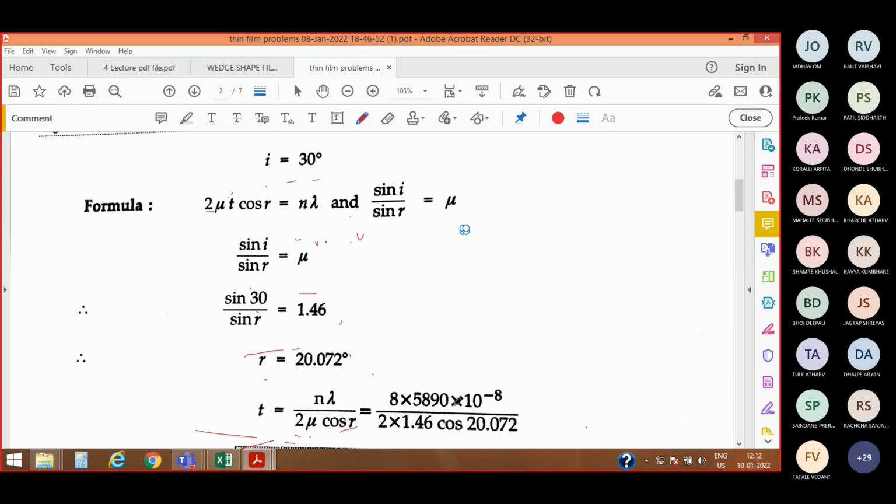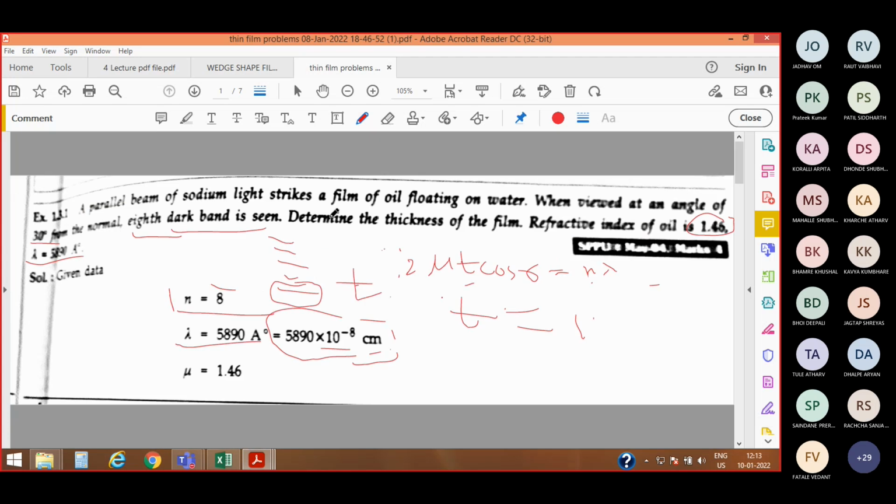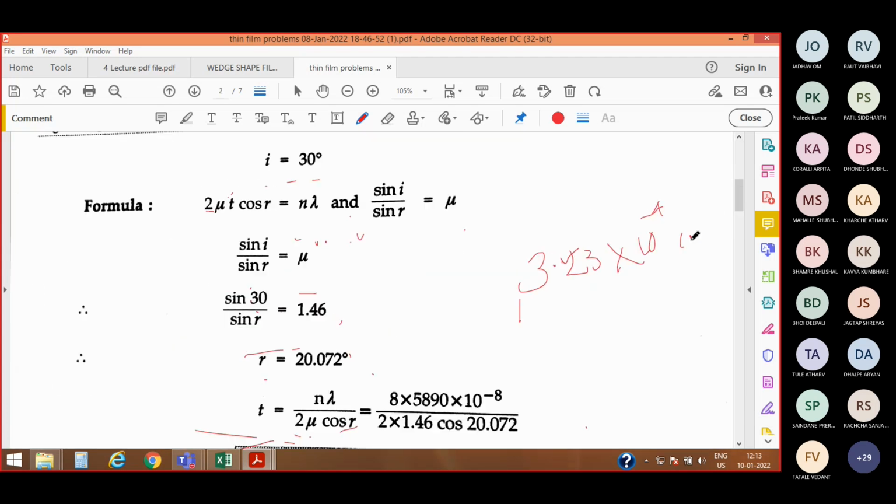क्या आंसर क्या आया ये सॉल्व करके? 3.23 into 10 raised to minus 4 sir. और किसी का क्या आंसर आता है? और किसी का आता है ये आंसर? यूनिट इज सेंटीमीटर. ये सब सेंटीमीटर में है तो सेंटीमीटर आएगा. थिकनेस इन सेंटीमीटर.